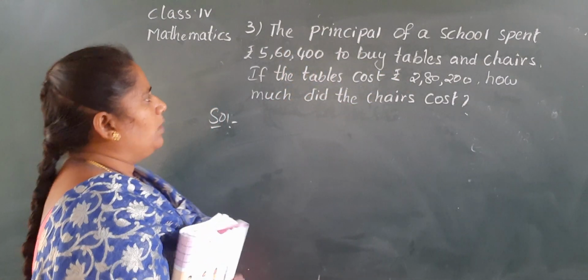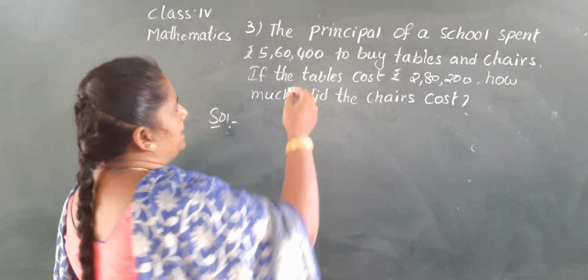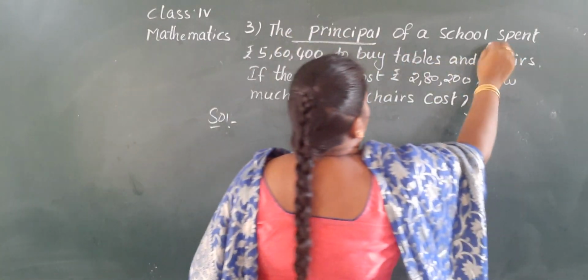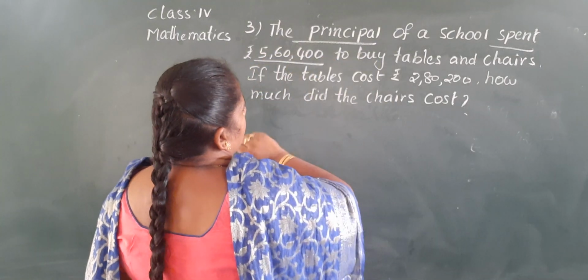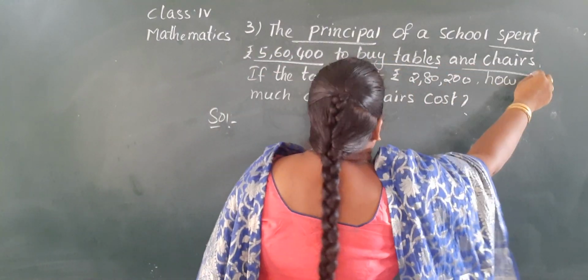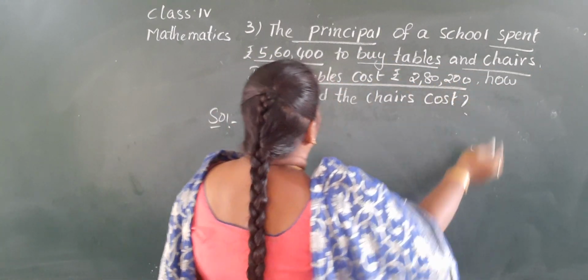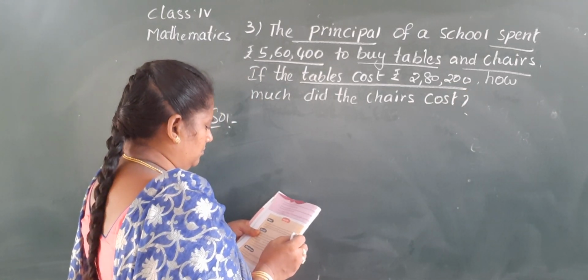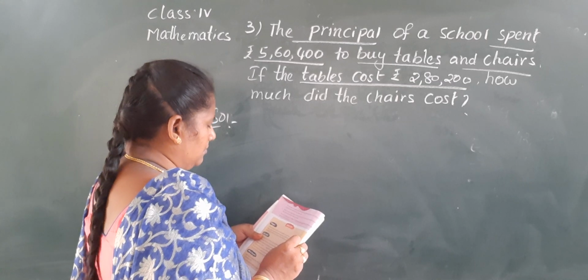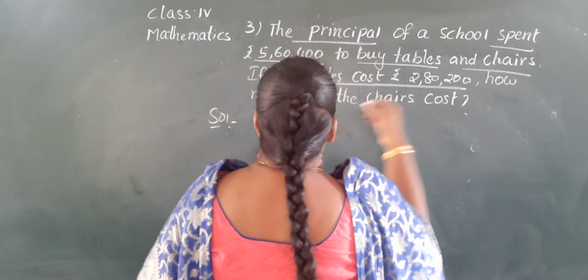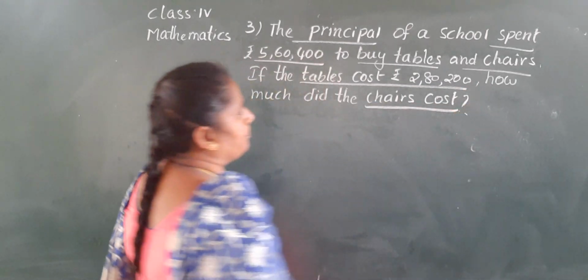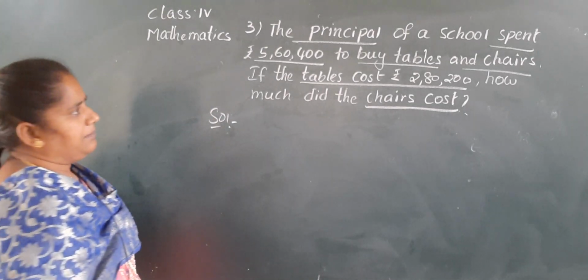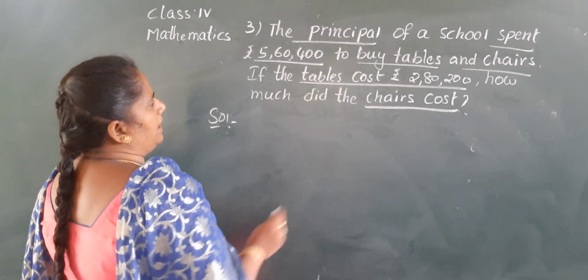Okay? So what is given in the problem? The principal spent 5,60,000 to buy the tables and chairs. Now table's cost is given. Now we have to find chair's cost, Nana. Yes, underline those important points. Write the first one.